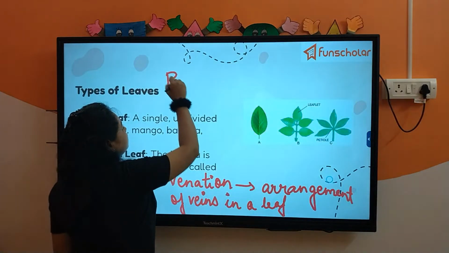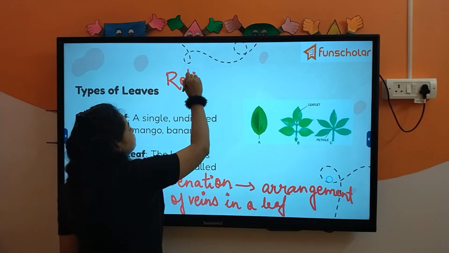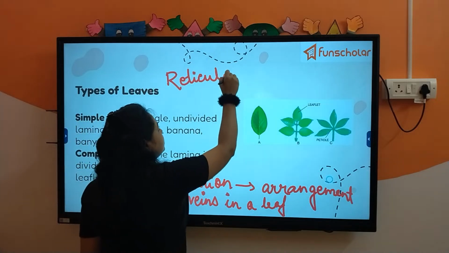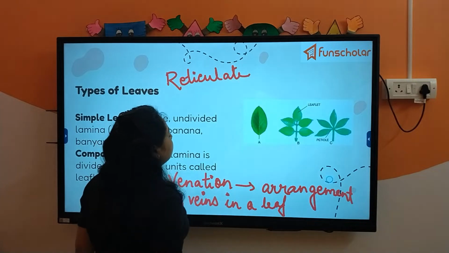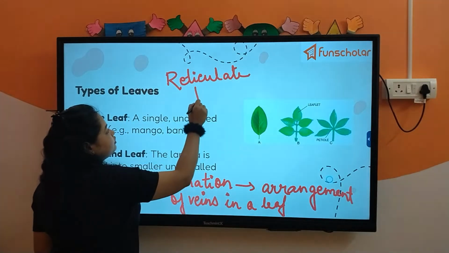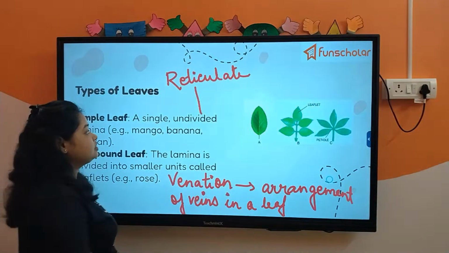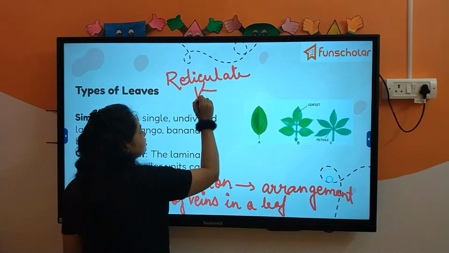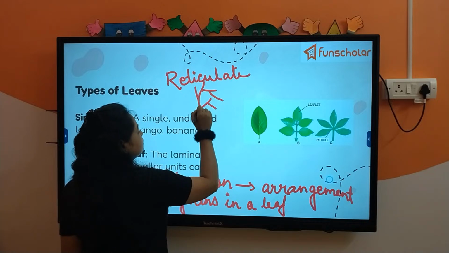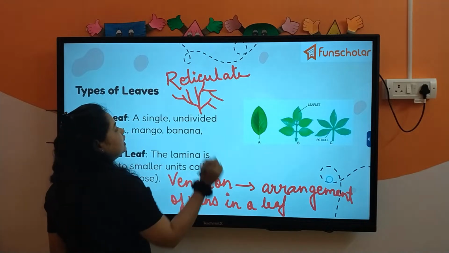One is the reticulate one, in which the veins will form after the midrib is there, the other associated veins will form a network like structures like this.